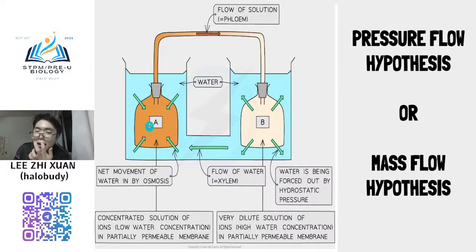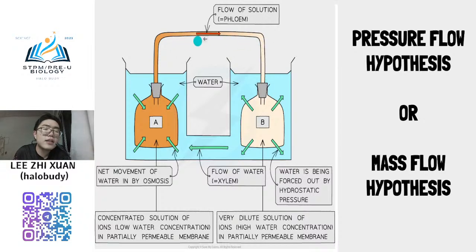And then once the water potential has increased, it will transport the nutrients. You see this arrow: the solution will flow from A into B. When the solution flows from A into B, what structure is this? The phloem sieve tube element, right?